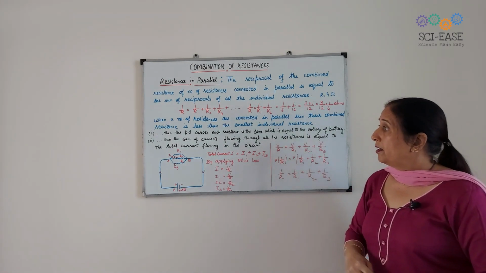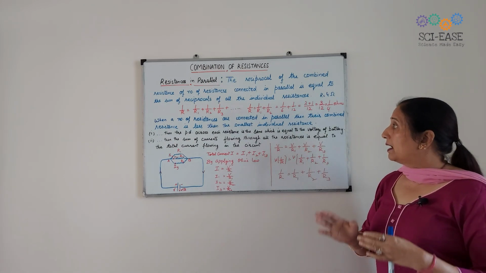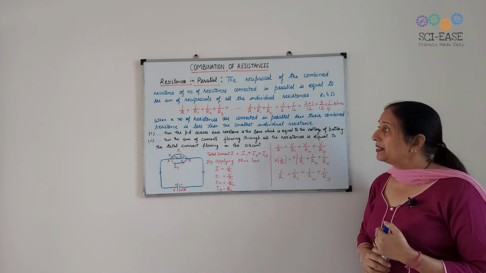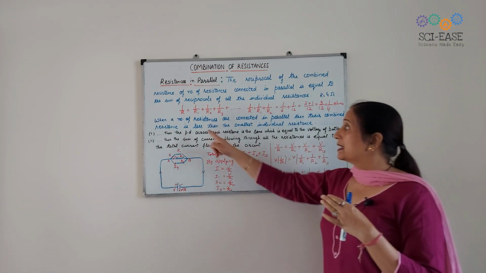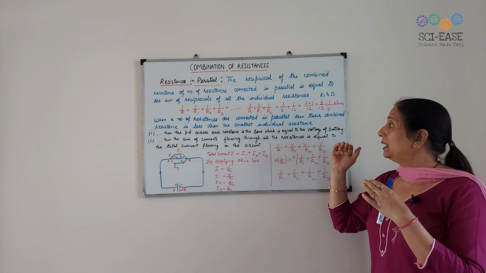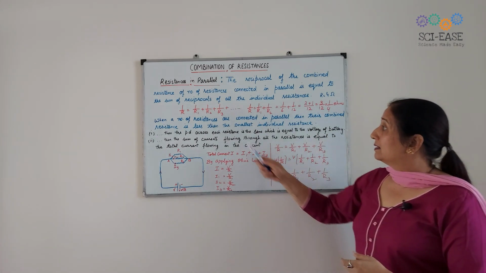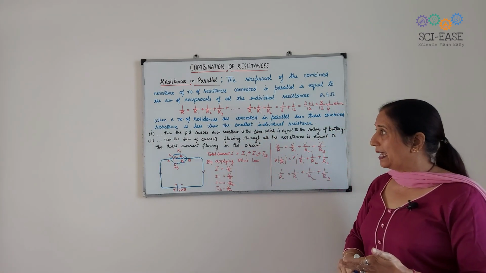So when a number of resistances are connected in parallel, then their combined resistance is less than the smallest individual resistance. This is very important. I will repeat this once again.